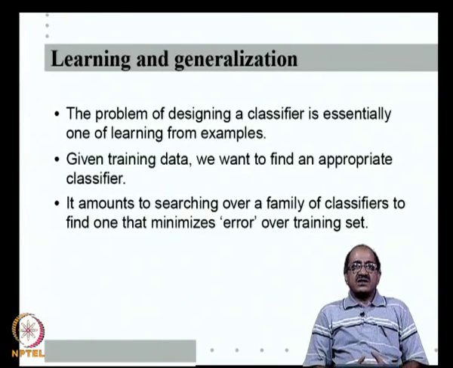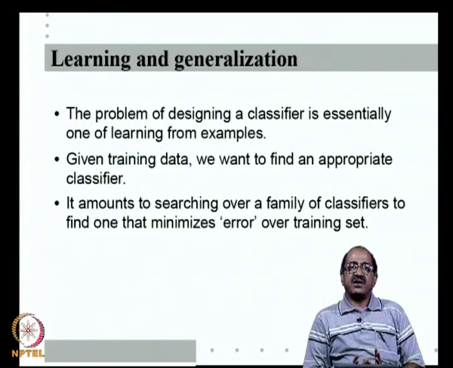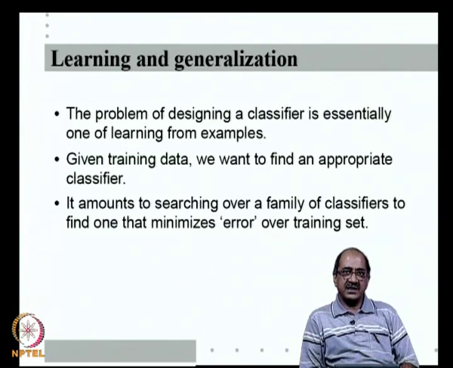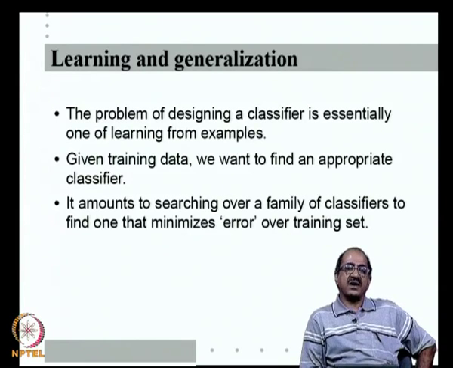Now, what do all our classifiers amount to? They amount to searching over a family of functions to find one that minimizes error. For example, our linear classification learning algorithms all look at a particular restricted family of classifiers, namely linear classifiers. So, among all linear classifiers, that means among all w comma w naught, or let us say all augmented vectors w, each w represents a classifier.